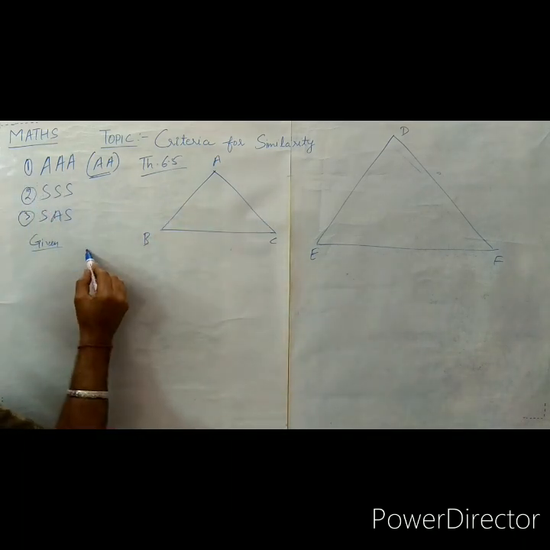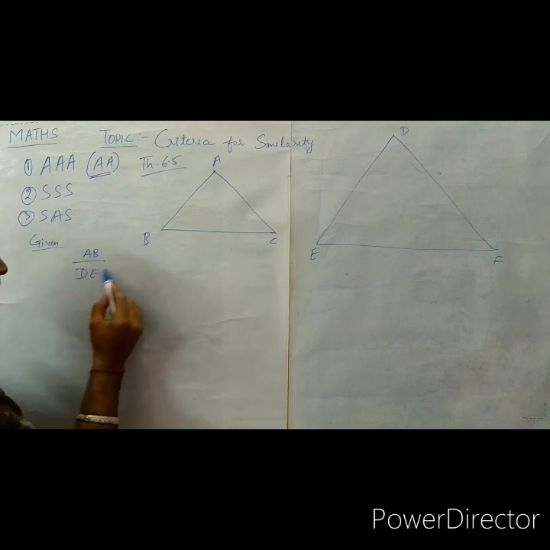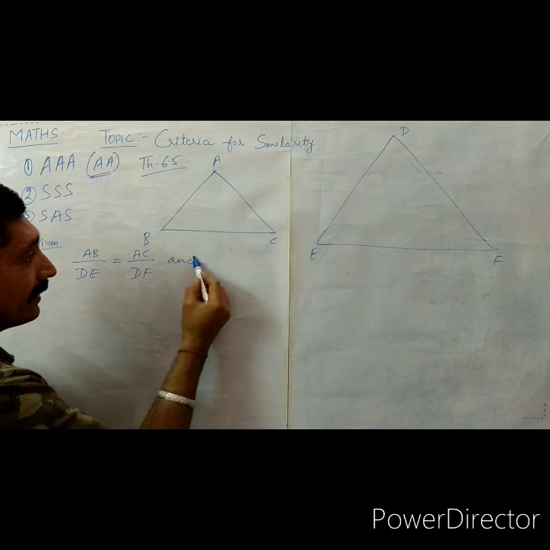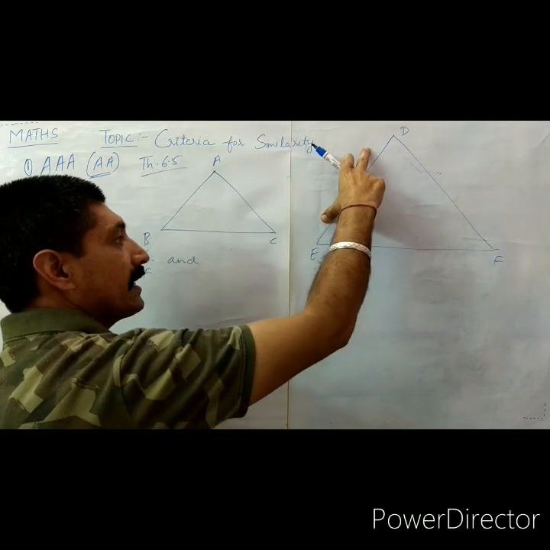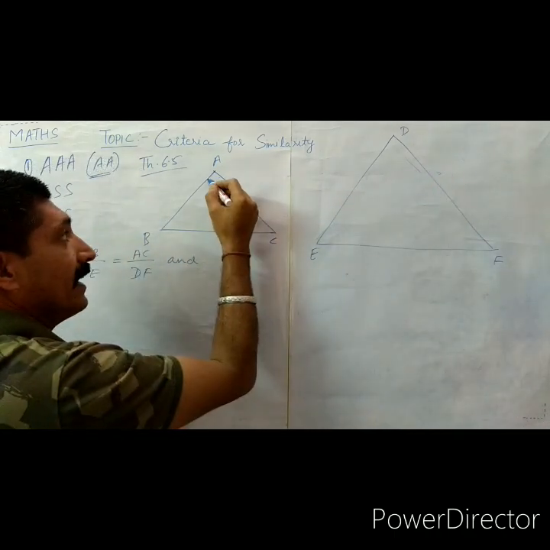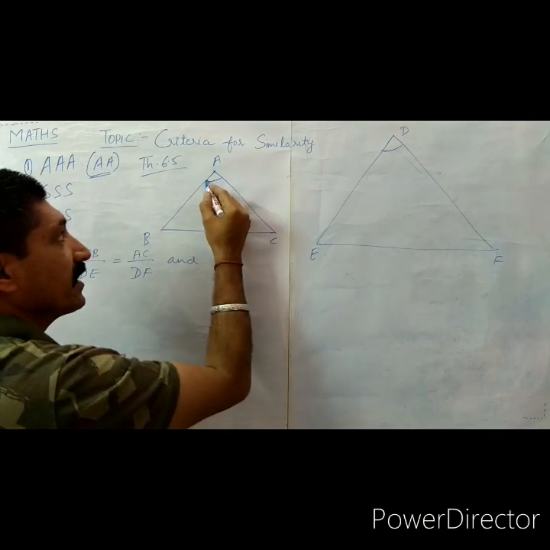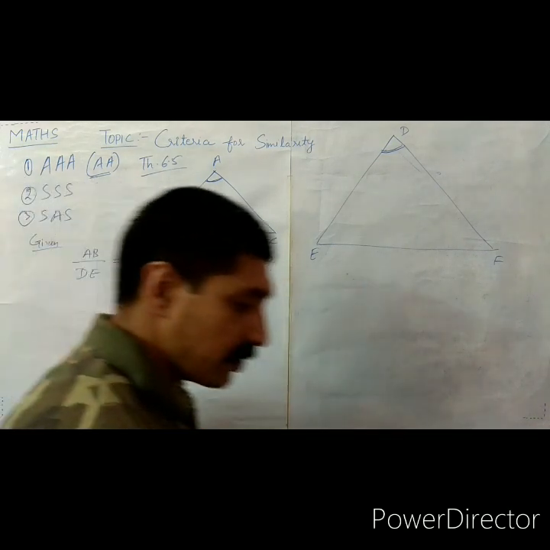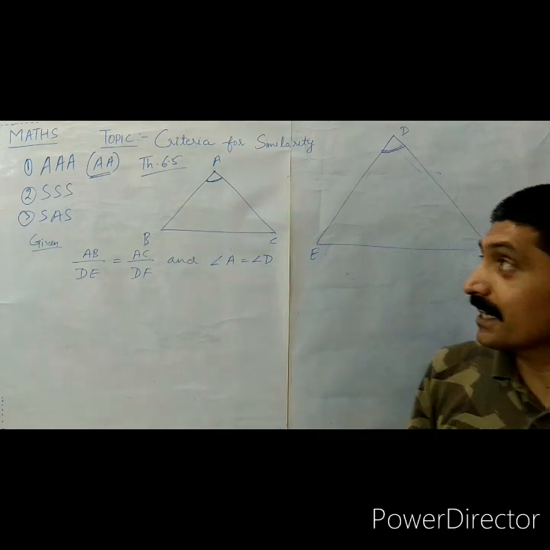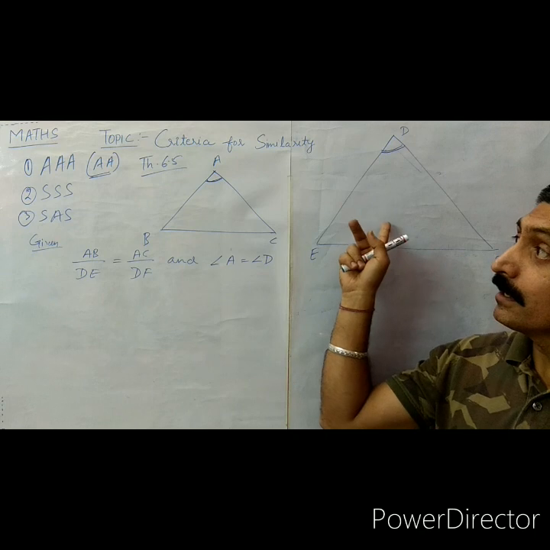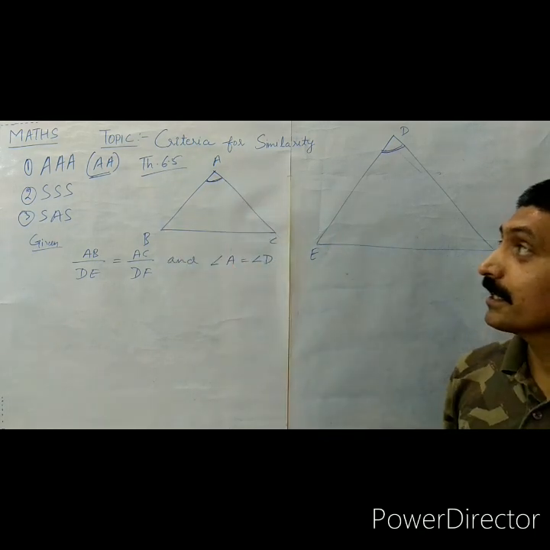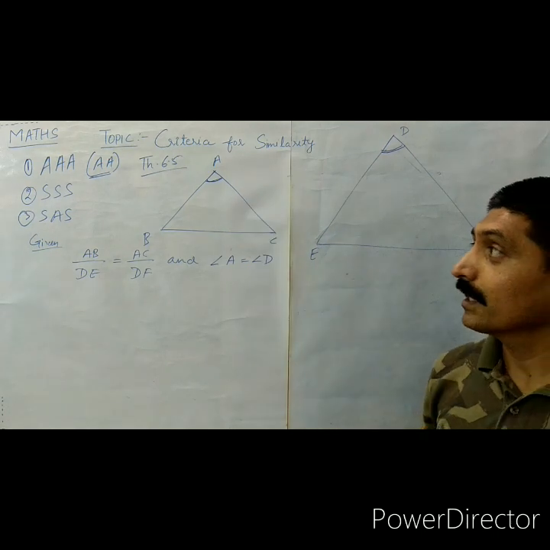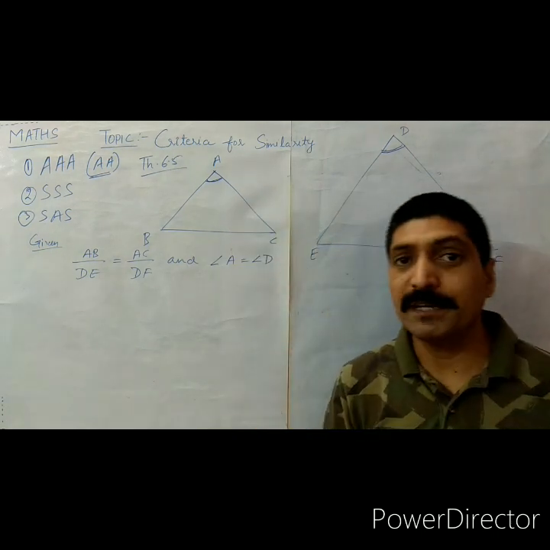Given that AB upon DE is equal to AC upon DF, and the angle between these two sides is equal, that is angle A is equal to angle D. So theorem 6.5 states that if in two triangles the ratio of two corresponding sides is the same and the angle containing these two sides is also equal, then the two triangles are always similar.